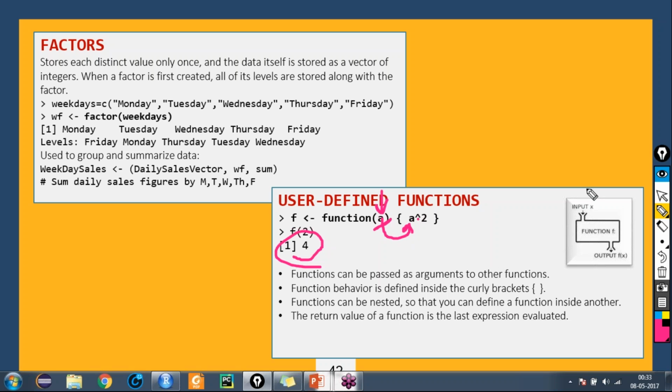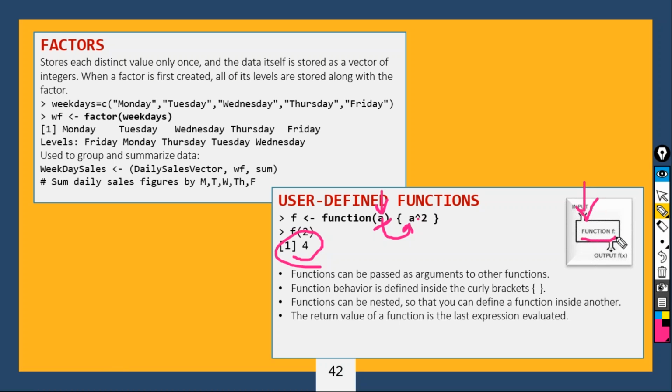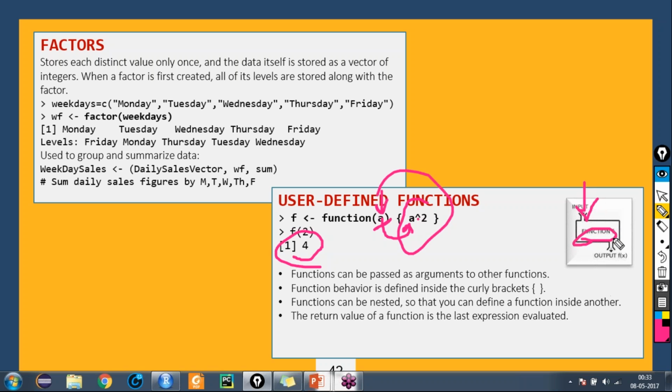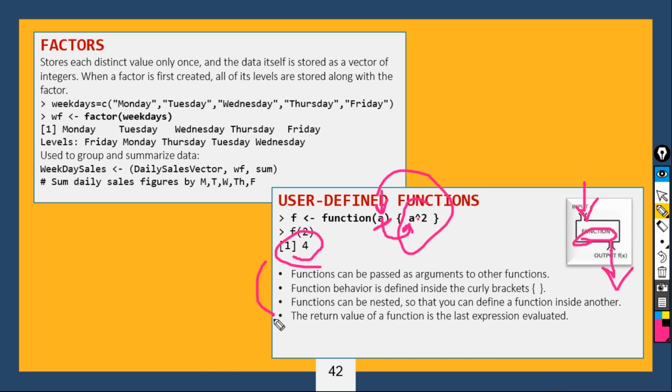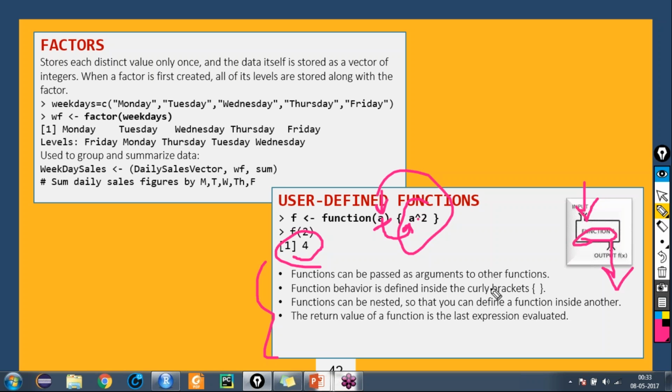So you give an input, the function processes whatever operation you have given, and gives you the output, as simple as that. Let's take a few example statements.